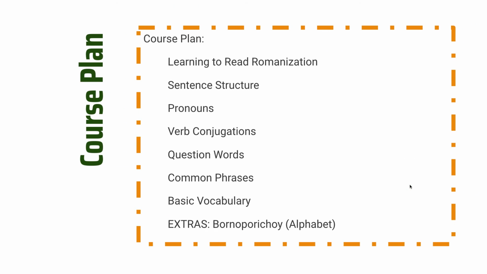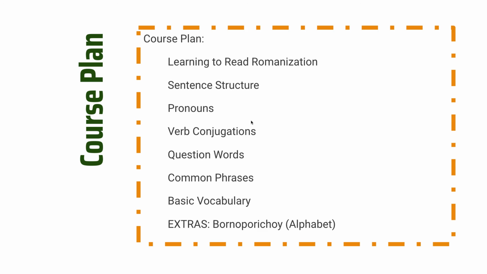Alright. So in this course, I plan to be teaching you to read romanization, because if you're not going to learn the script, you're still going to need to have an idea of how the sounds are and such. Then we're going to go on to sentence structure, because it's different from English, partially why it's harder to learn.